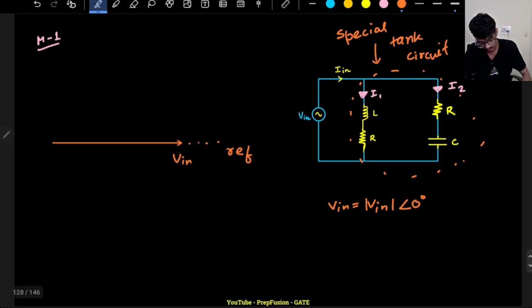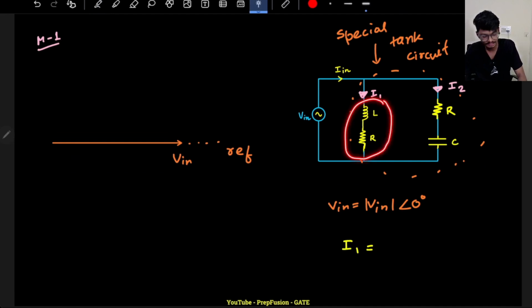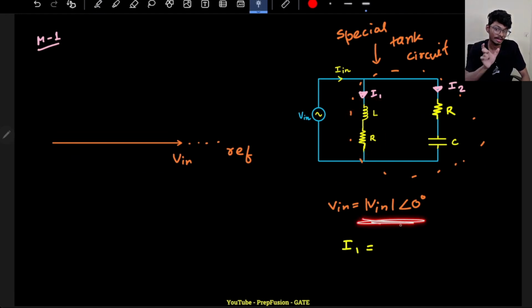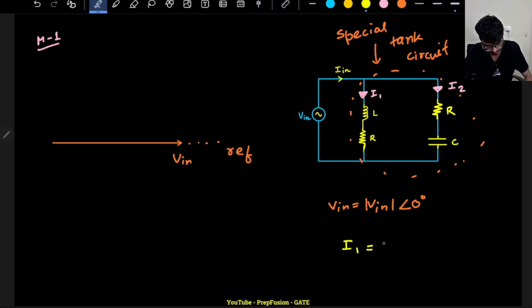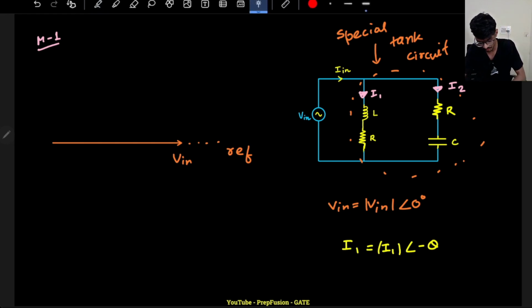Okay, what about the current I1? What will be the phase of current I1? I1 is flowing across an RL circuit, and in an RL circuit the current lags the voltage. The voltage is V in, so the current will lag the voltage. So it will be some magnitude of I1 at minus theta, something like that. It is lagging, so it will be somewhat in the clockwise direction.